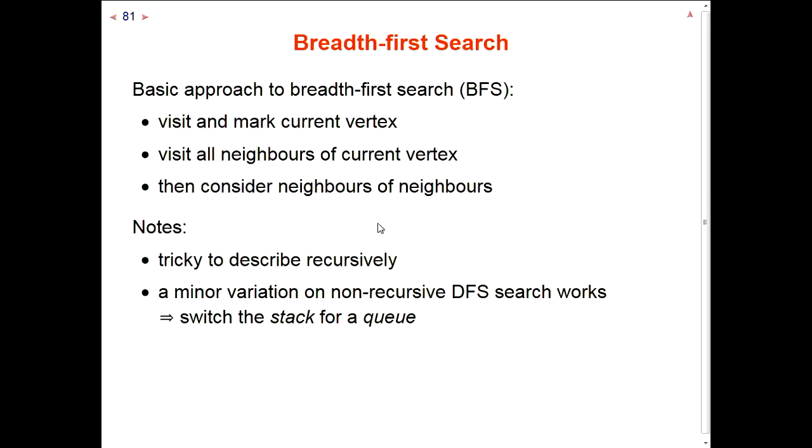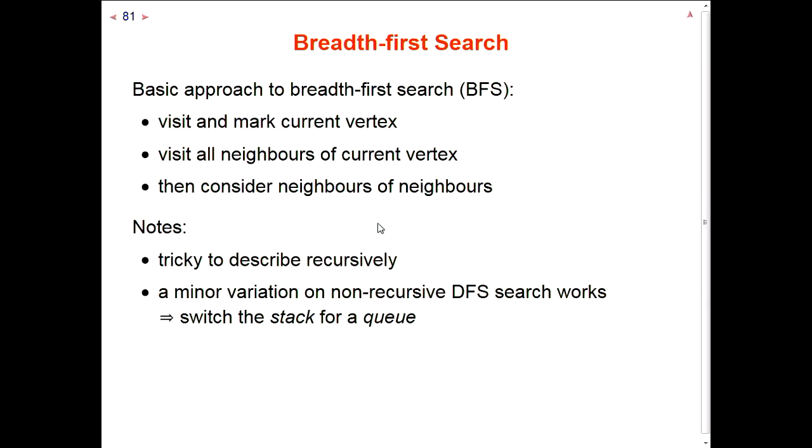This, unlike depth-first search, is a bit tricky to describe recursively, but it is very convenient to describe with the same kind of algorithm that we just used for depth-first search, but switching the stack for a queue, so that the newest elements don't go on top of the stack, but go to the end of the queue.